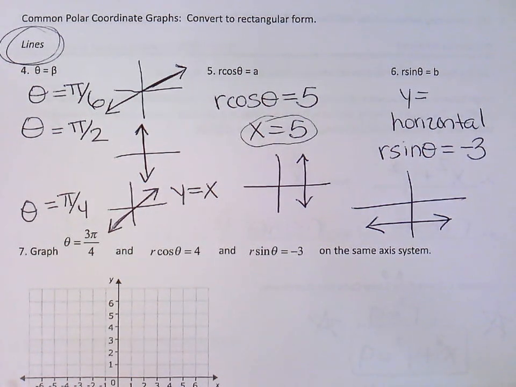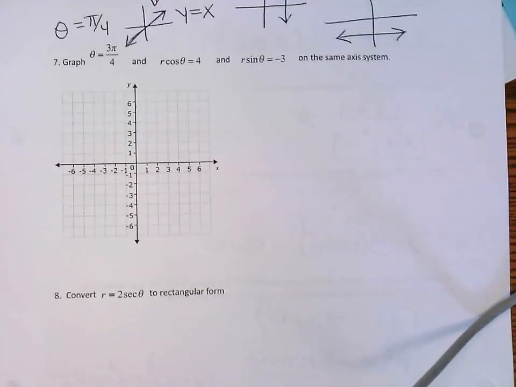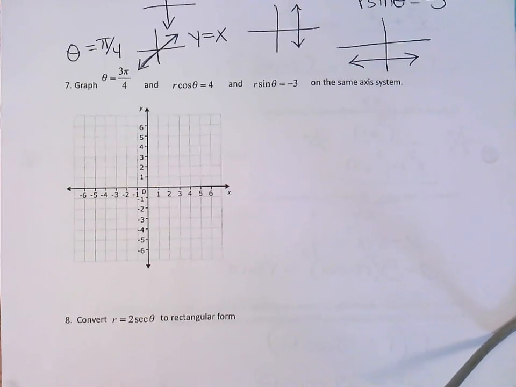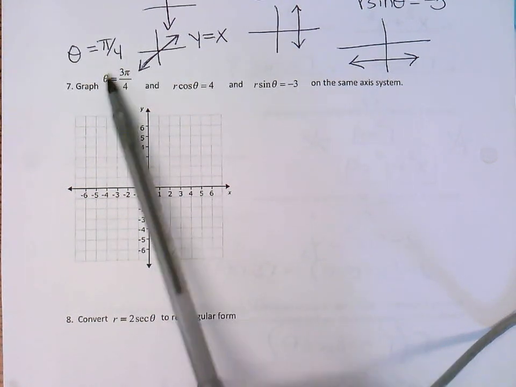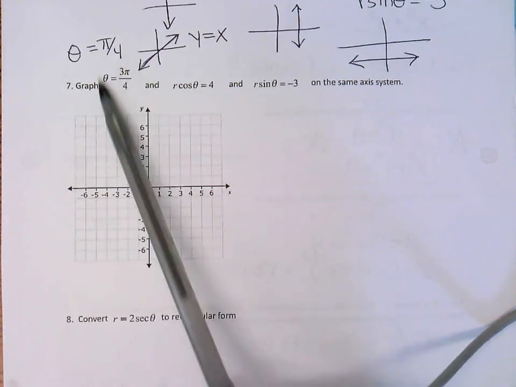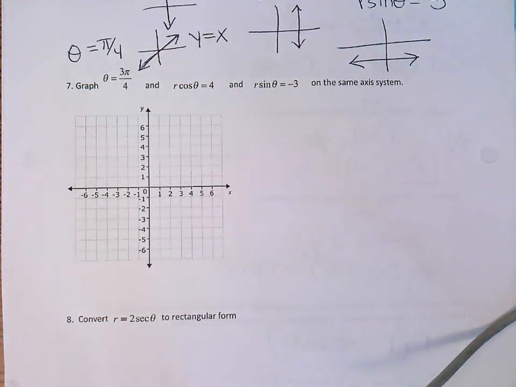So then this one was number 7, just graphing a few different lines on the same axis system. So maybe you could try graphing this line or this equation, and this equation all on the same axis just to get practice. This is a rectangular axis, not a polar axis, so just do your best.